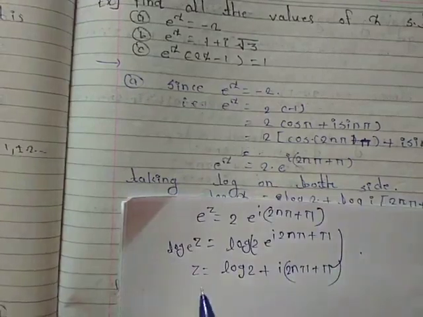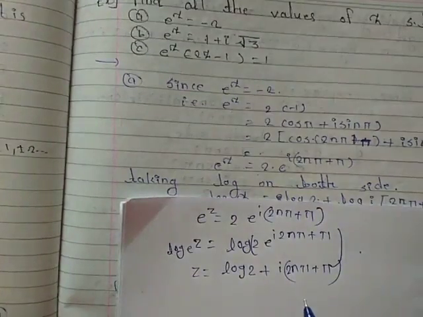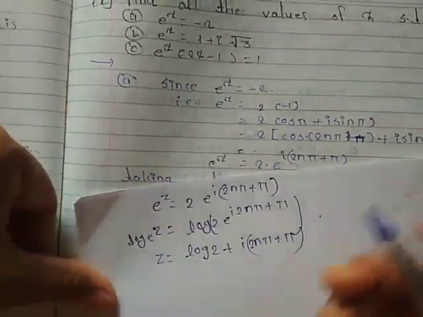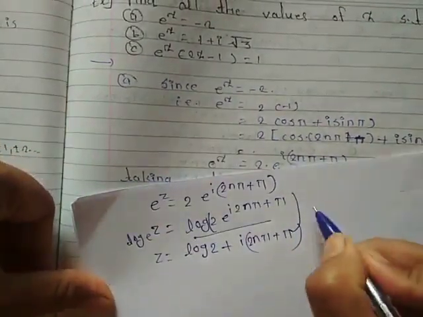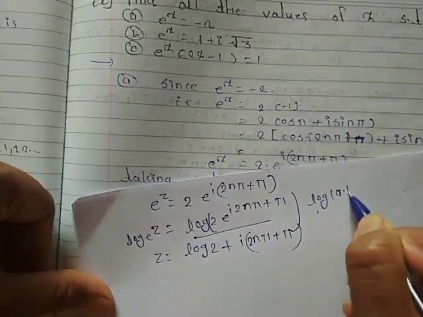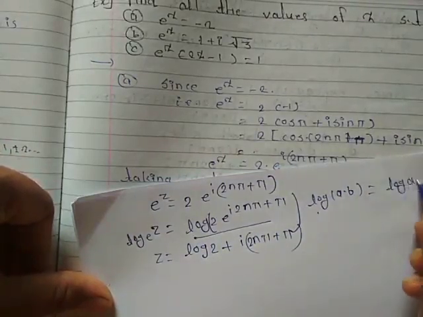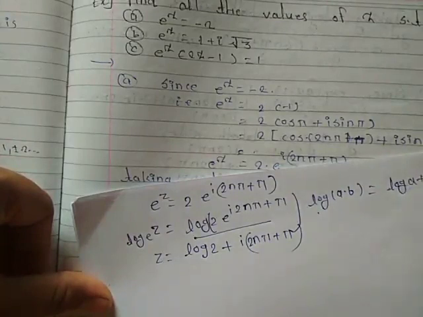So you will get z is equal to log 2 plus i into (2nπ + π). Why is this? See here, this is log of a into b, so you will get log a plus log b.